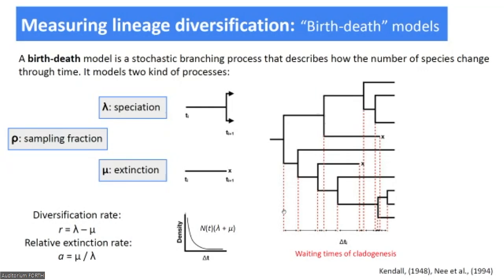Also, a third parameter, known as the sampling fraction, is often included just to account for the fact that not all the extant taxa are included in the phylogeny. Two indirect parameters, the diversification rate, which is the speciation minus the extinction, and the relative extinction rate, which is the ratio of extinction to speciation, are also used.